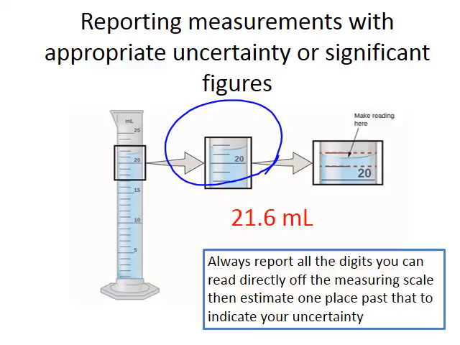It's understood in a measurement that the last digit reported is uncertain. It is estimated, and it might actually be 21.5 milliliters or 21.7. This is what it means to report a measurement with the correct number of significant figures.